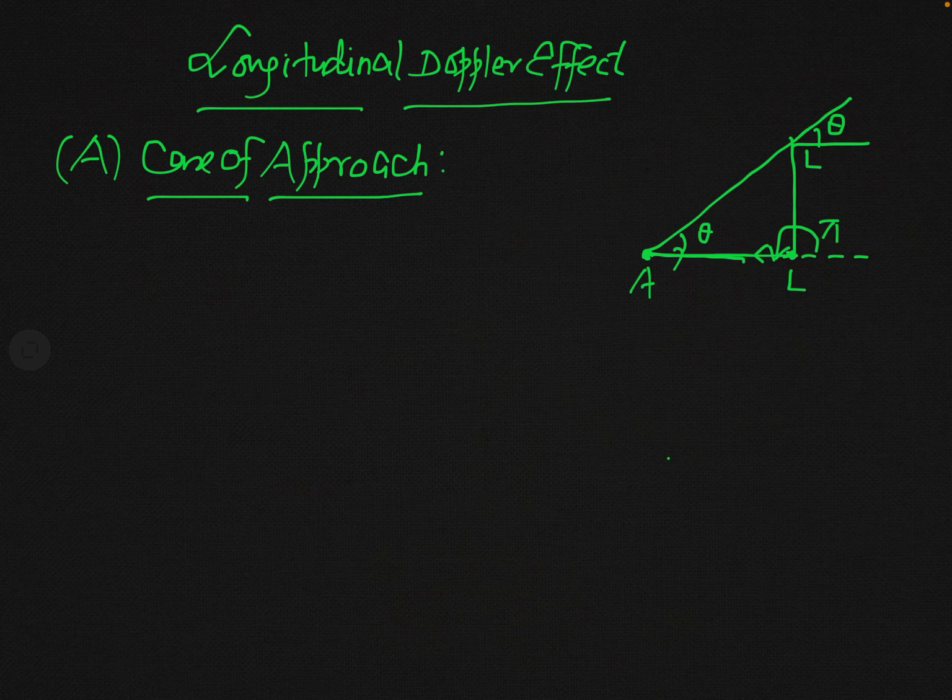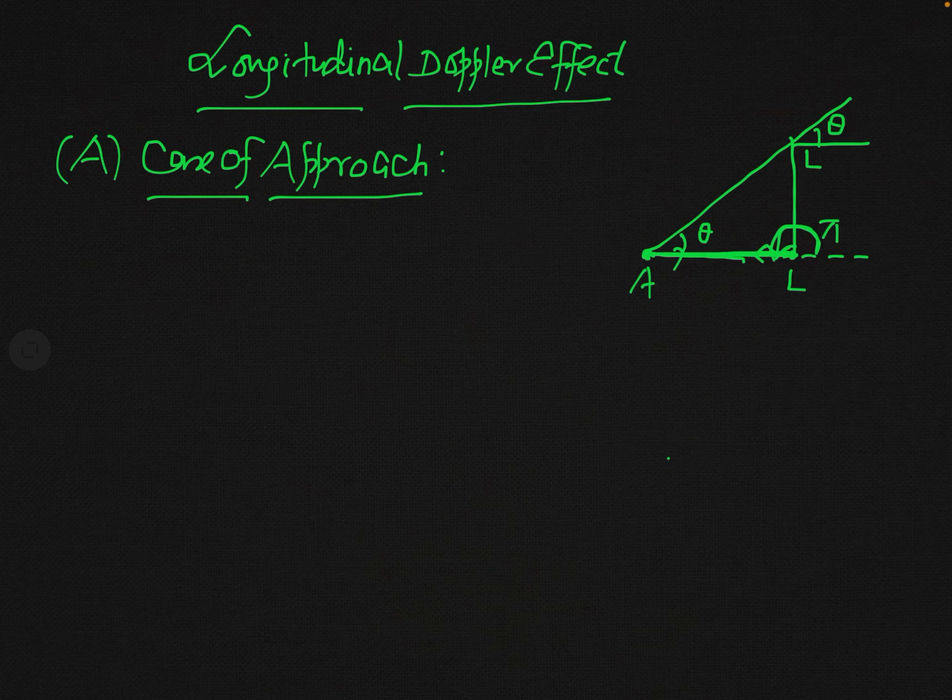So here I have shown in this figure that this L is directly moving towards this stationary observer A. You can see in this condition what will be this theta. You can easily observe that if the light source L moves towards the observer A directly, then this theta will become equal to pi.